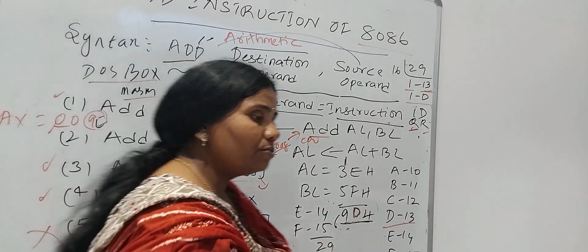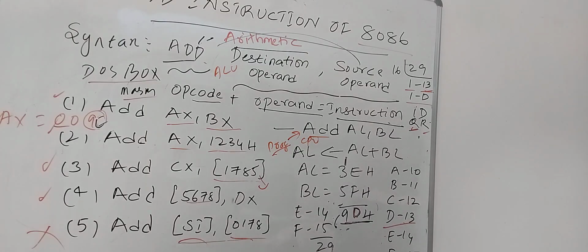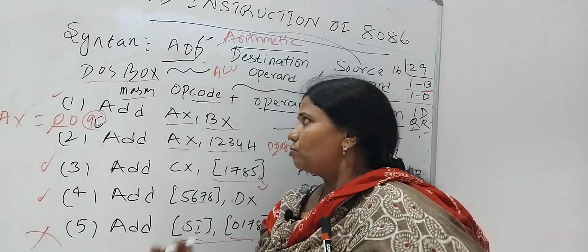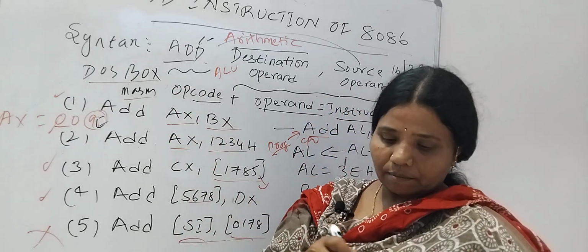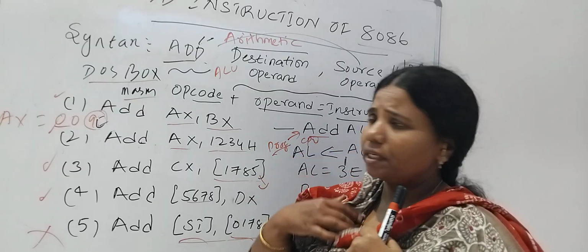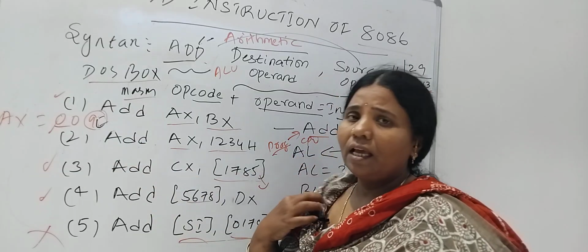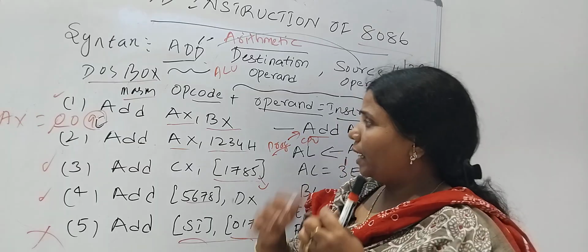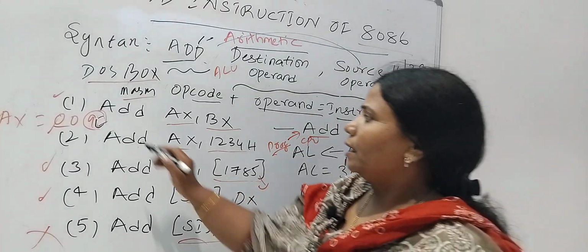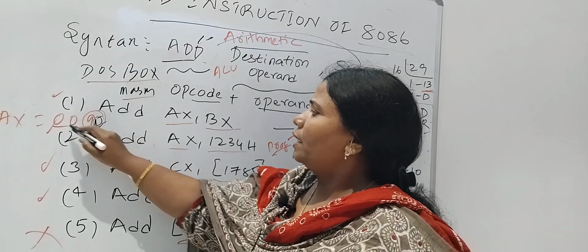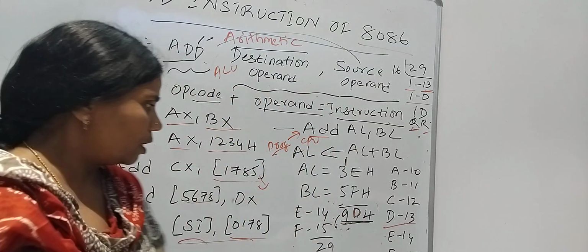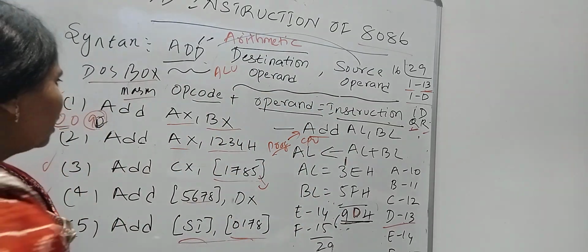If you use the same values in software such as DOSBox or MASM, you have to look at the register AX, which contains AL. AL should contain 9D, and AH will have some garbage value. This is how your ADD instruction works.